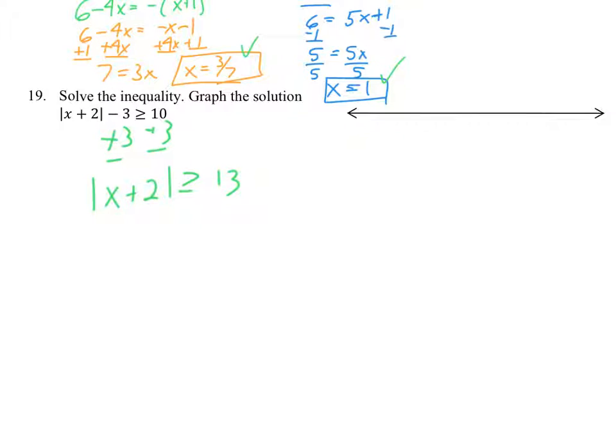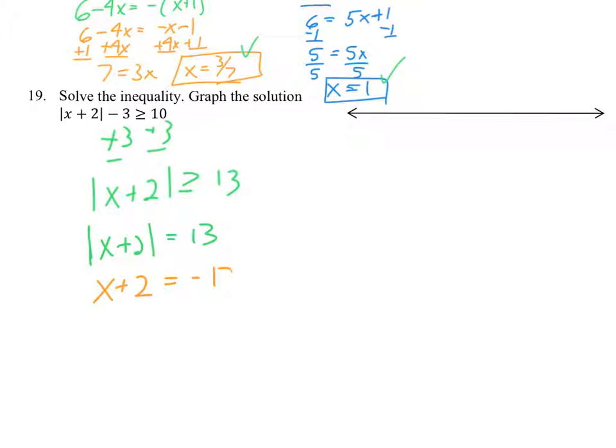Now there are a few different ways that you can do this. Again, the simplest one, I believe, is just to change this to an equation, solve for your endpoints, and then you can determine where the inequality would be. So the equation being the absolute value of x plus 2 equals 13.